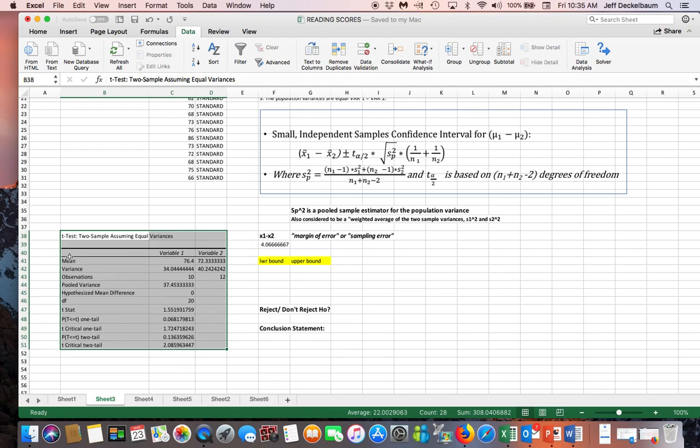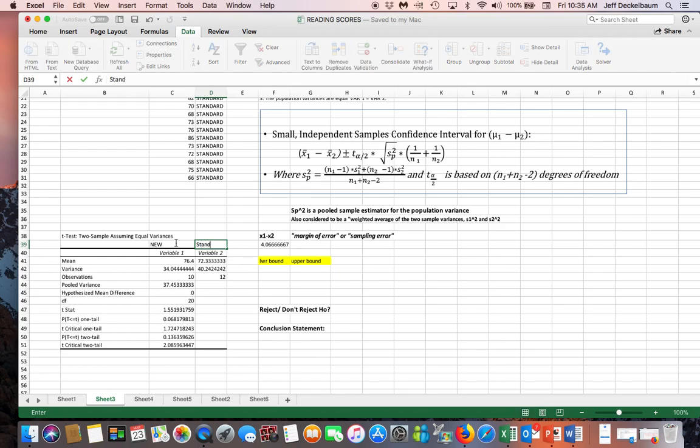So we have the means of variable 1 and variable 2, which is the new and standard methods. Okay, so x1 minus x2 is simply this mean minus this mean.